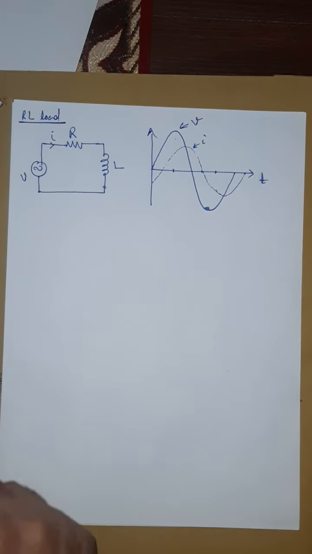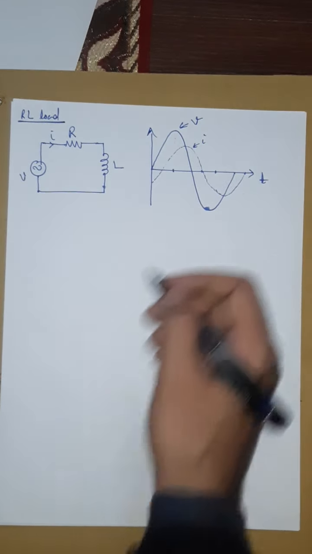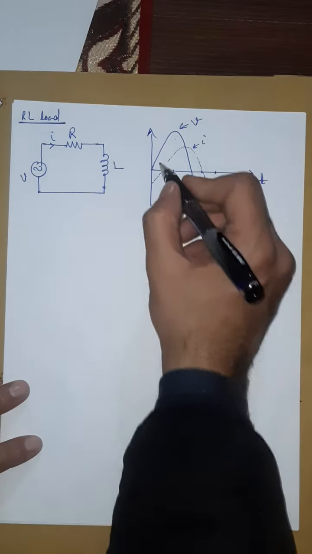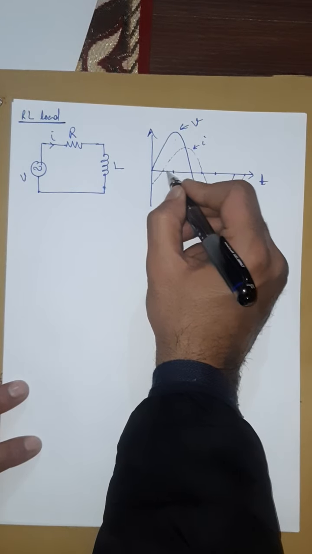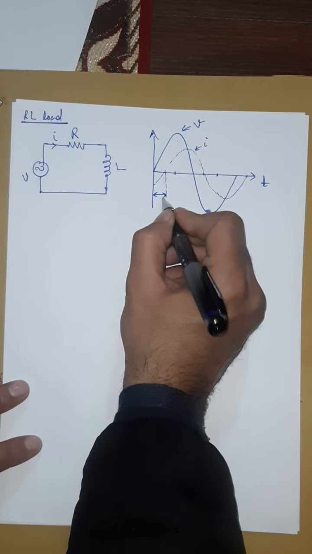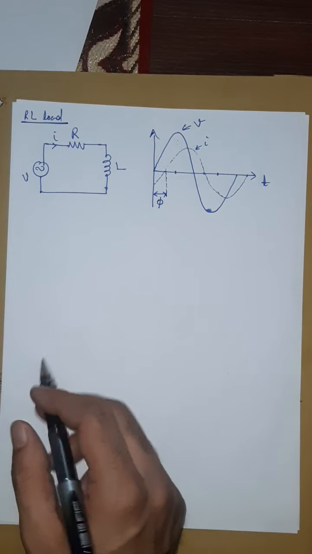You got it? It is not 90 degrees out of phase, but there is some phase difference between the voltage and the current. And what is the phase difference? This is the phase difference, which I am denoting by phi. Got it?